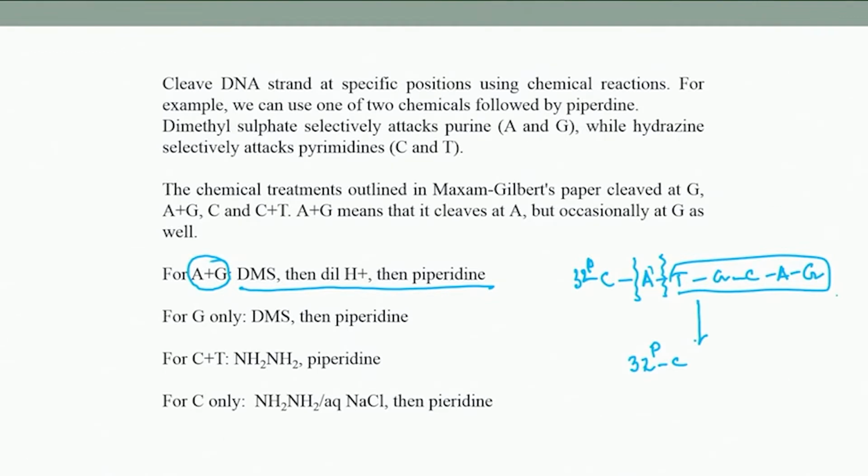We are only interested in the pieces which contain radioactive phosphorus, but this may not be the only one. If there is another A, you can get a breakage here on both sides of A. If that happens, then you will get 32P, then C, A, T, G, C. So, this is A plus G, that means again you have to see where are the G's and then where are the cleavage products. Okay.